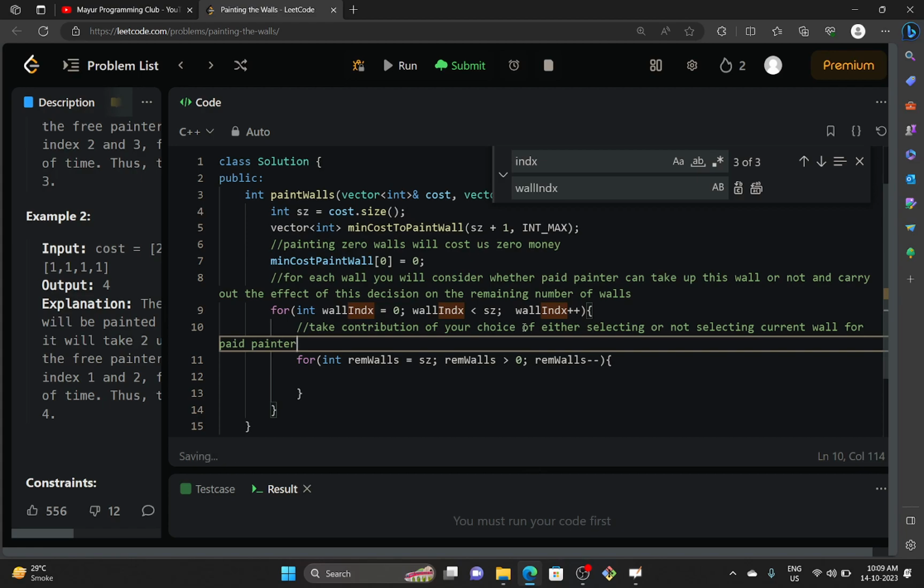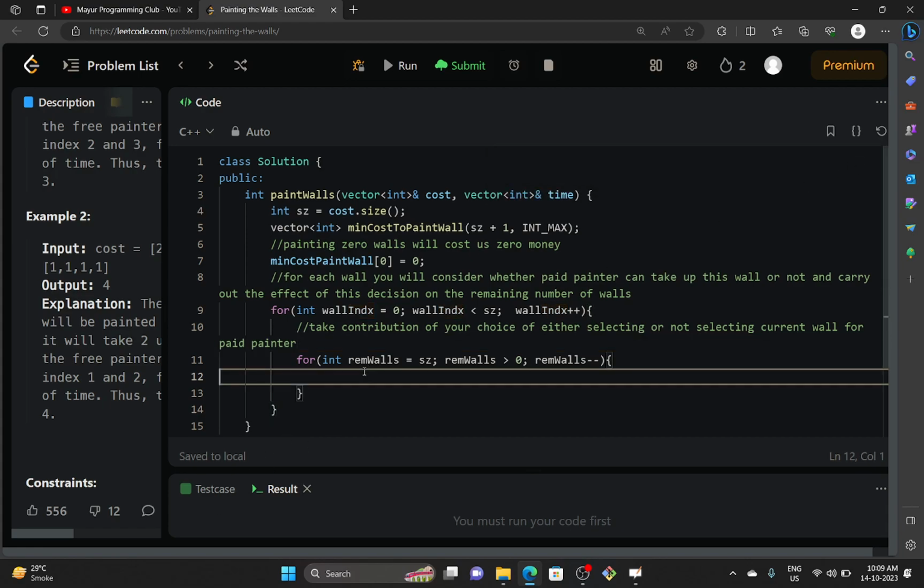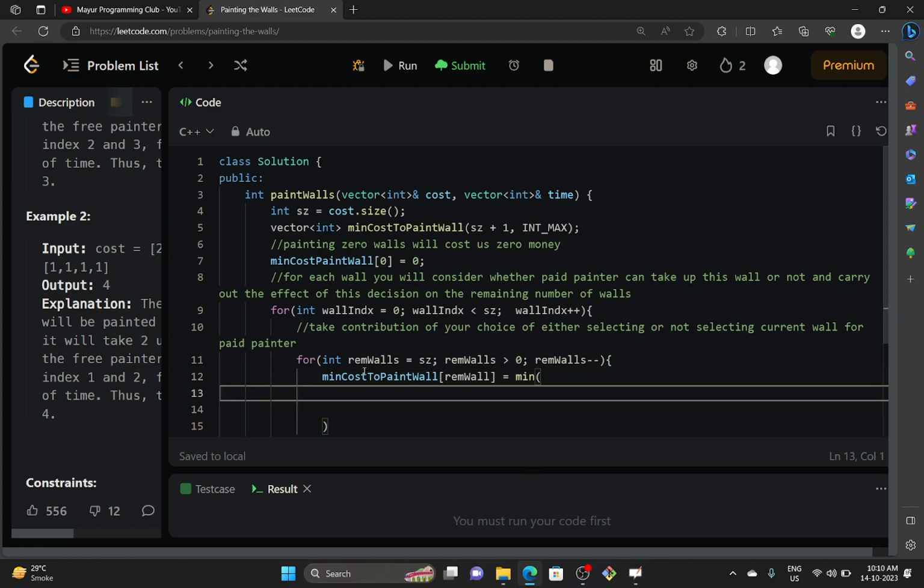Okay, so your minimum cost to paint remaining walls will be affected by two decisions, which will be the minimum of either you will skip the current wall to be assigned to the paid painter.